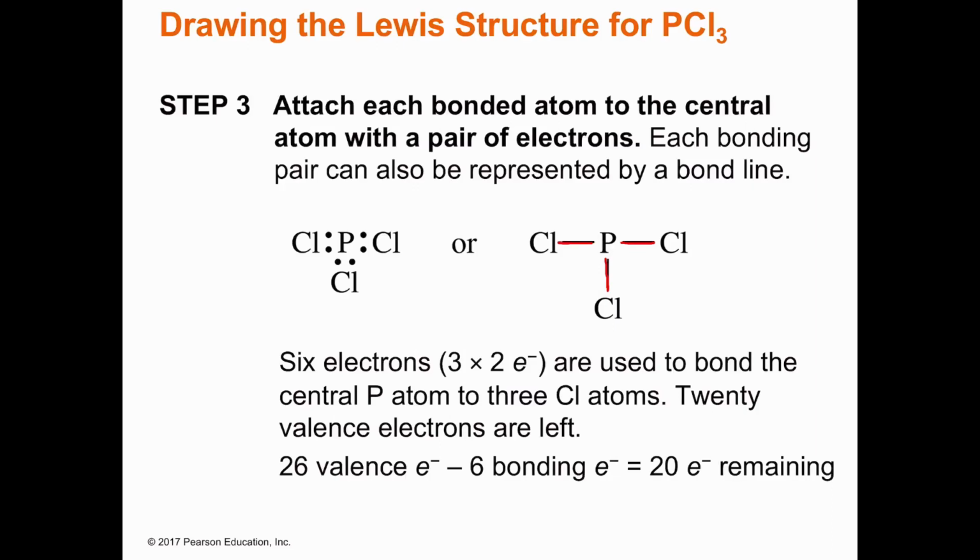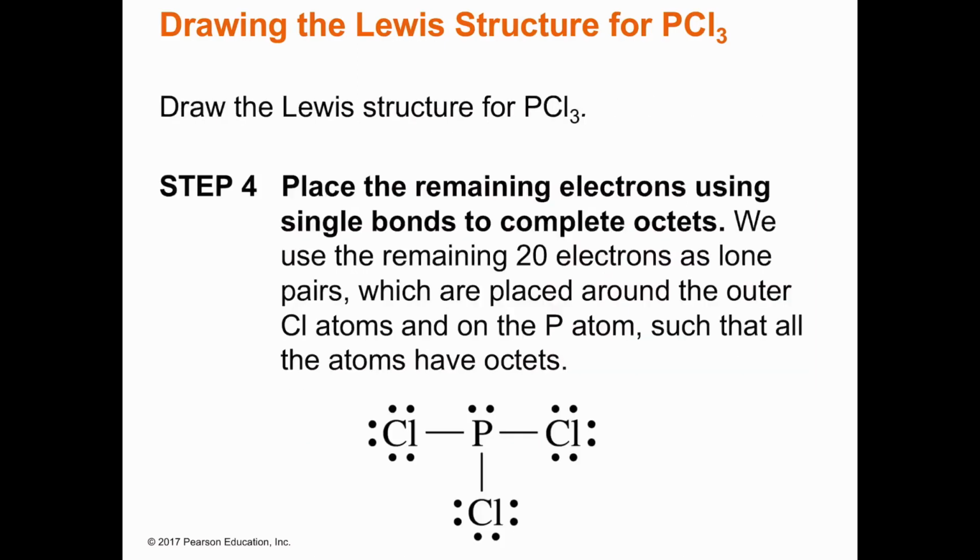So here we've used up 2, 4, 6 electrons just bonding the chlorines to the phosphorus. We had 26 to start with and used 6 up, so we have 20 left over. Now we're going to use those remaining electrons to complete octets.